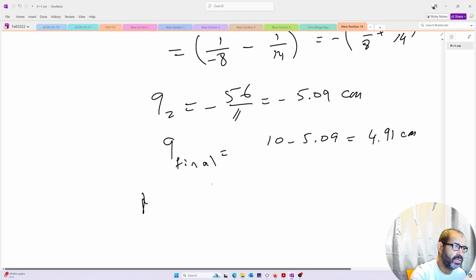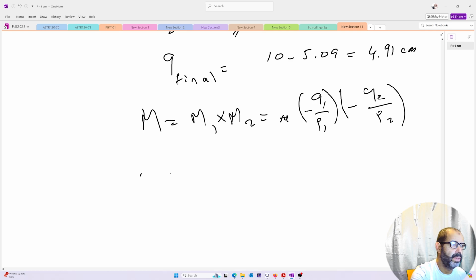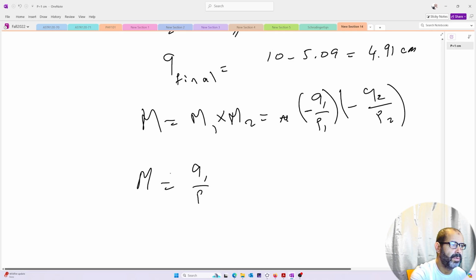The overall magnification, M, is going to be M1 times M2, and M1 is equal to negative Q1 over P1 times negative Q2 over P2. Obviously, the negative and the negative cancel, so M is going to be equal to Q1 over P1 times Q2 over P2.